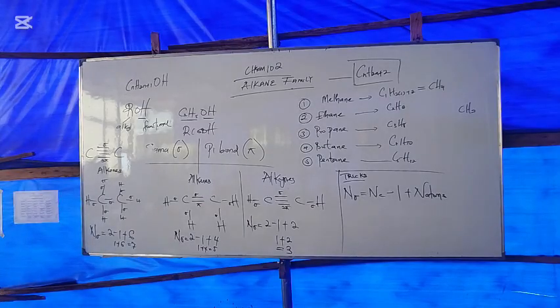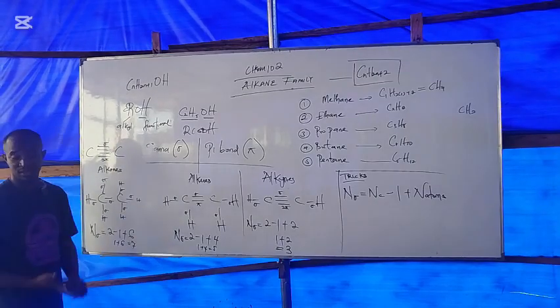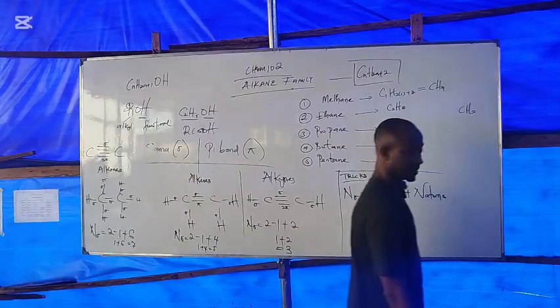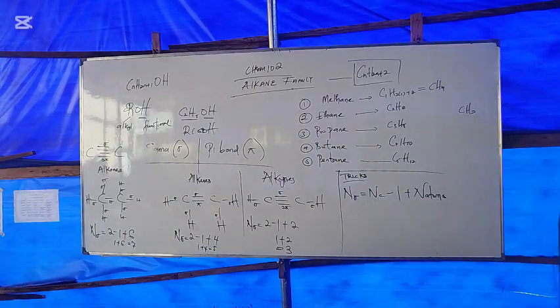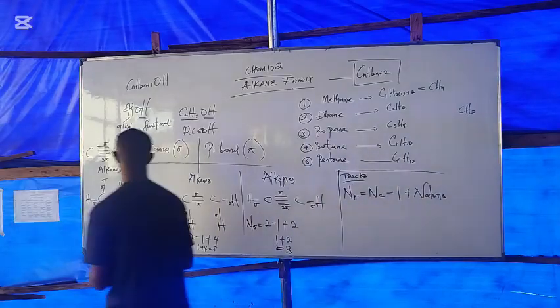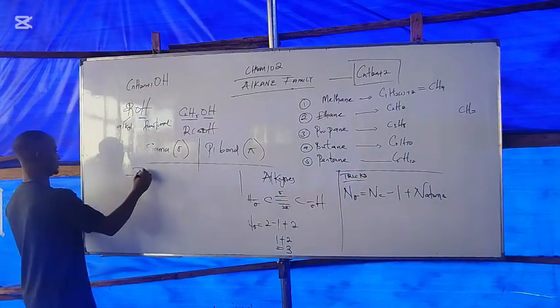Now let's look at nomenclature, subheading. Any questions so far on this? Nomenclature of alkanes. There are 2 major systems of naming organic compounds. Number 1, the tribal system.